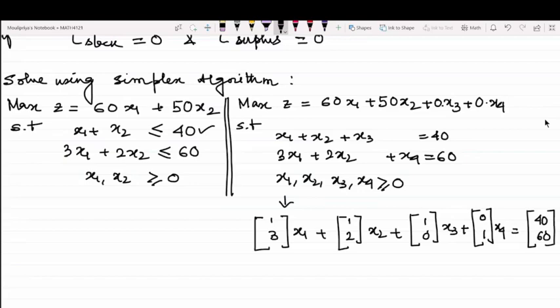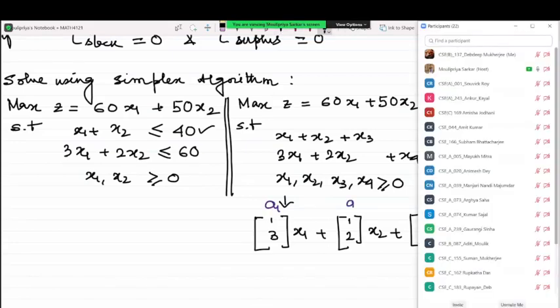Am I correct with this? Can I have a representation of the 2 constraints in this manner? Yes, this may be our A1, this is our A2, this is our A3, and this may be our A4 equal to B. Just a nomenclature, nothing else.